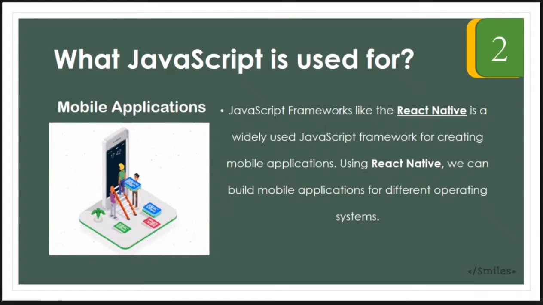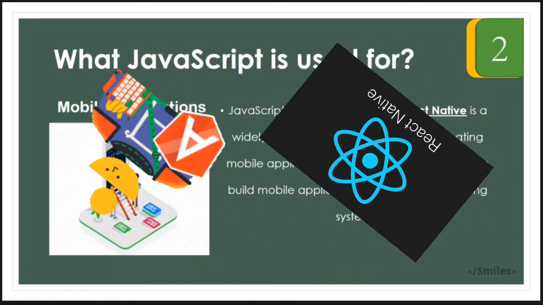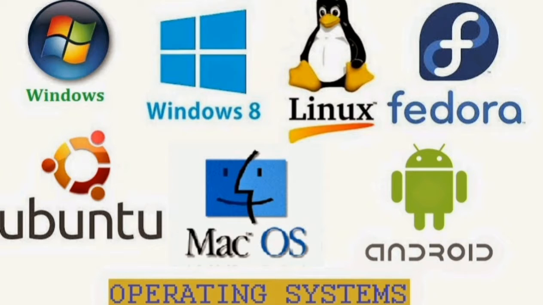JavaScript is not just a language for the web, it can also be used to create a wide variety of mobile applications. We can use JavaScript frameworks such as Angular, React Native, and Vue to create mobile applications for different operating systems. Nowadays mobile devices are broadly used for accessing the internet.